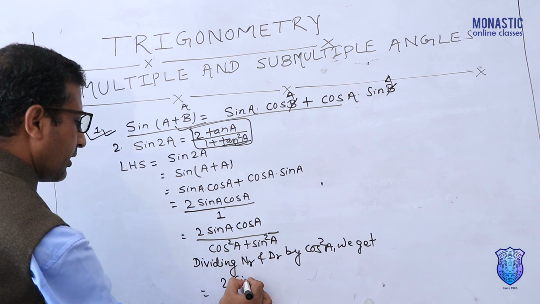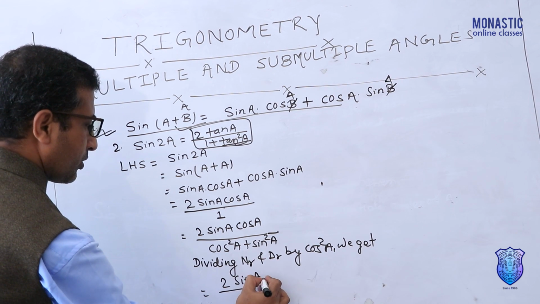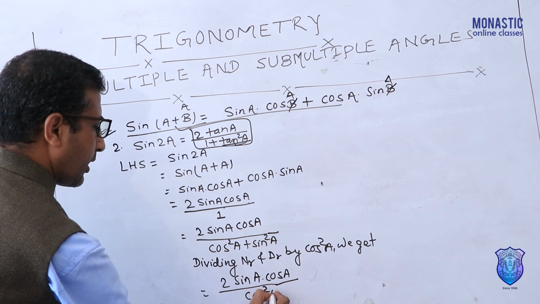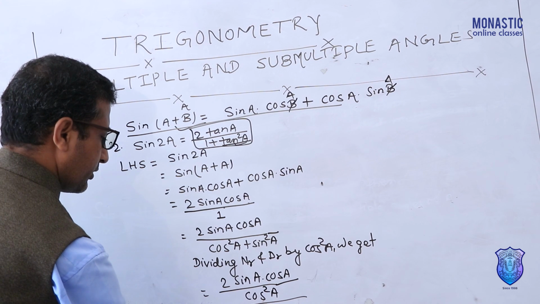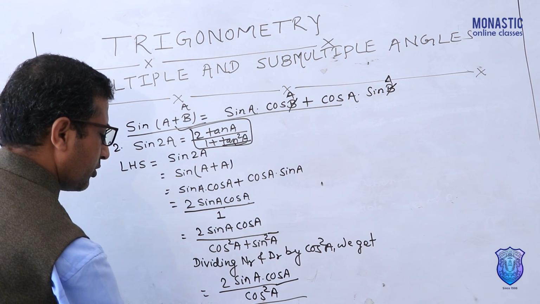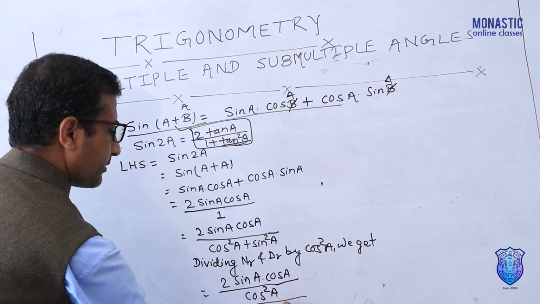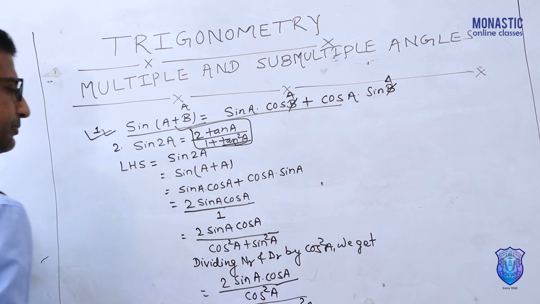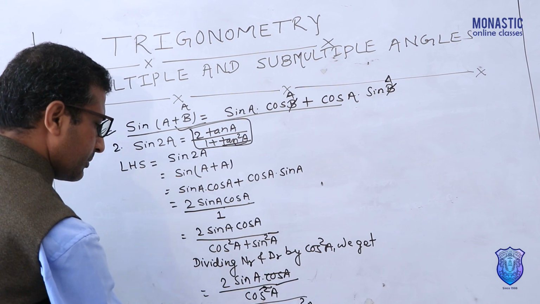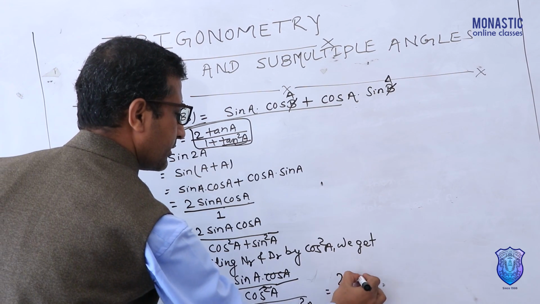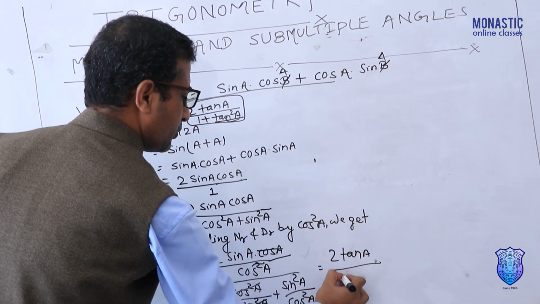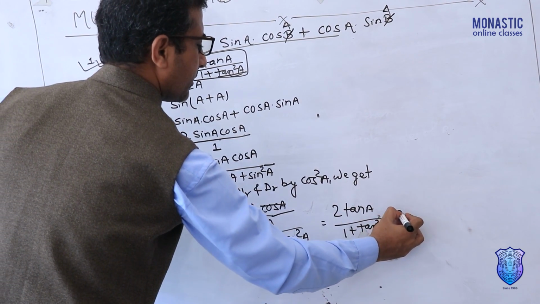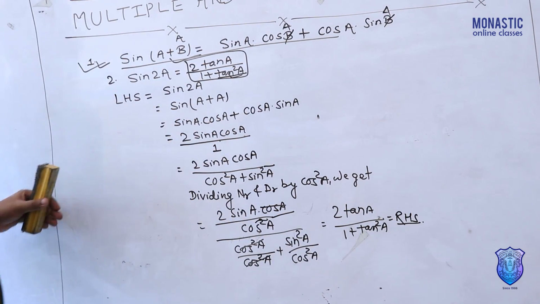we get 2 sine A cos A divided by cos square A, over cos square A by cos square A plus sine square A divided by cos square A. Then simplifying it, we get the final result we want, 2 times tan A by 1 plus tan square A. That's the proof completed.